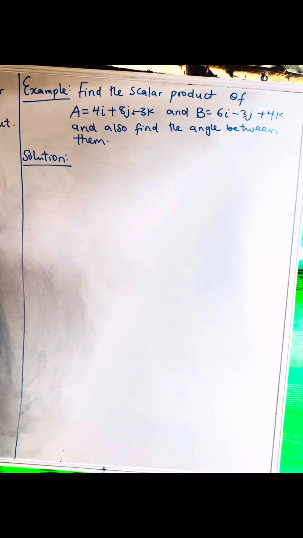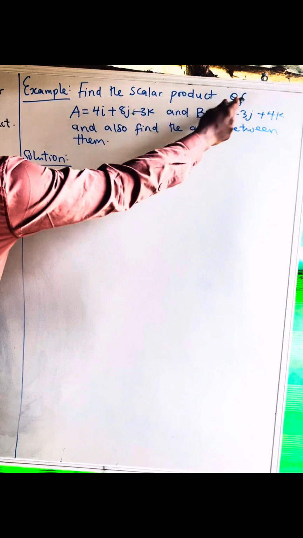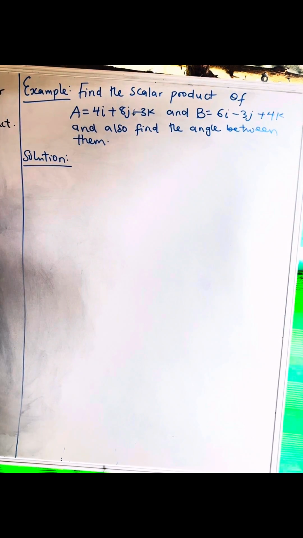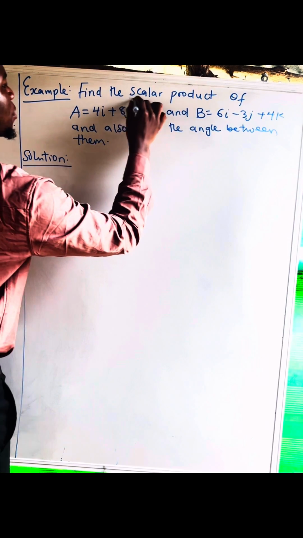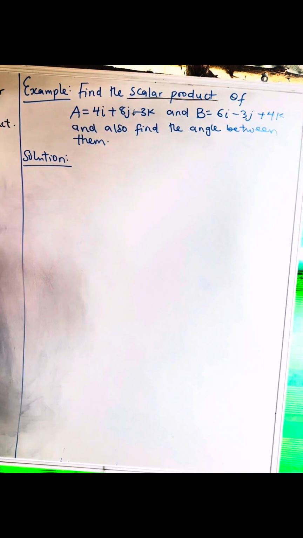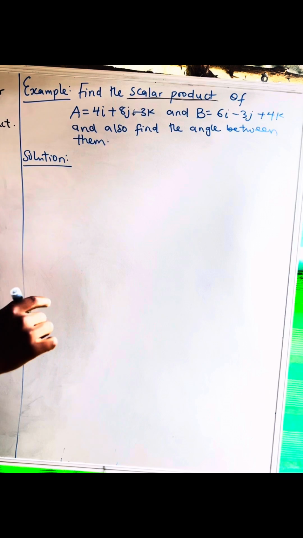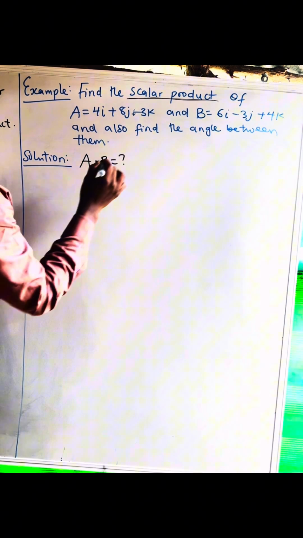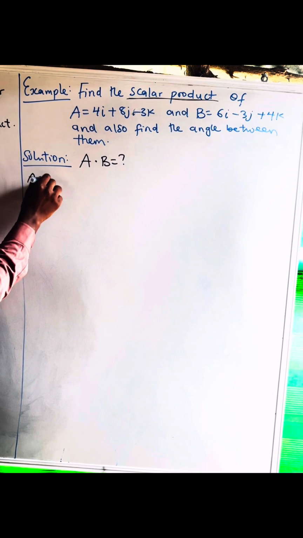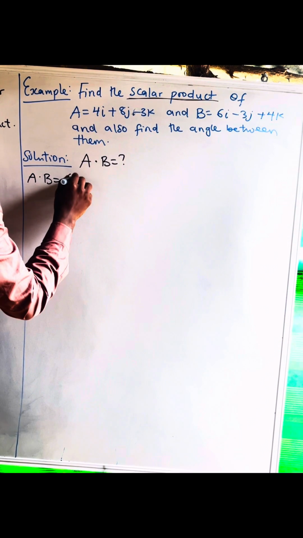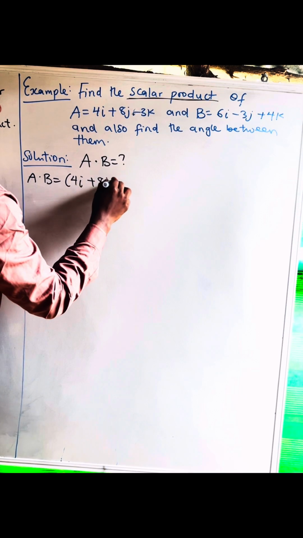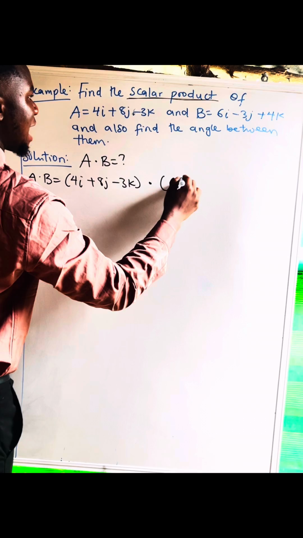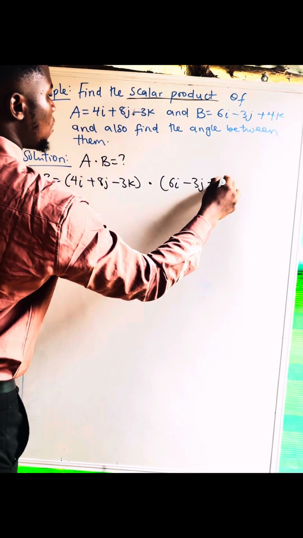In this particular example, the question is to find the scalar product of these vectors and also find the angle between them. Don't forget that another name for scalar product is dot product. So the question asked us to look for A dot B. Now, our A dot B would equal, this is A, 4i plus 8j minus 3k, dot, this is B, 6i minus 3j plus 4k.